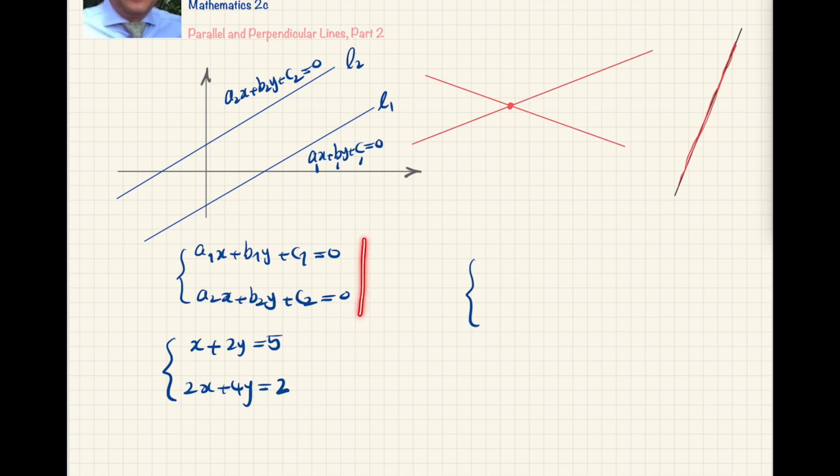If you have a system of two equations, there are only three possible scenarios going on. Either your system has one unique solution, or it doesn't have any solutions at all, or it has infinitely many solutions. You cannot write a system of equations that will have two solutions.